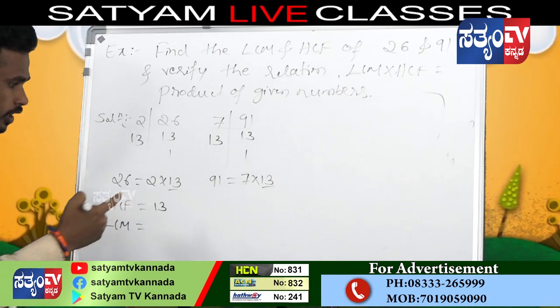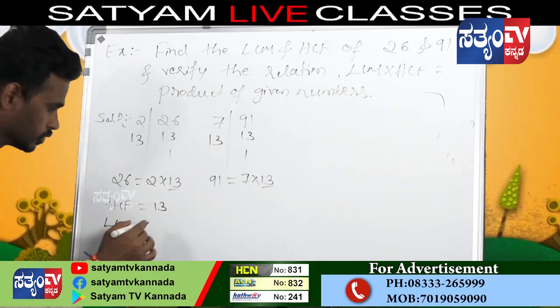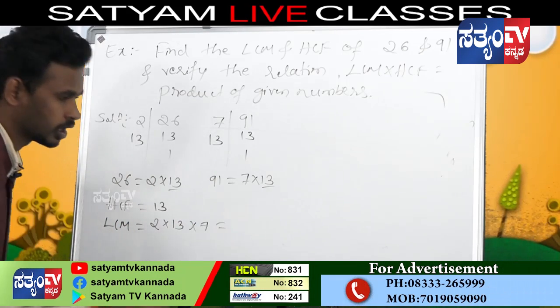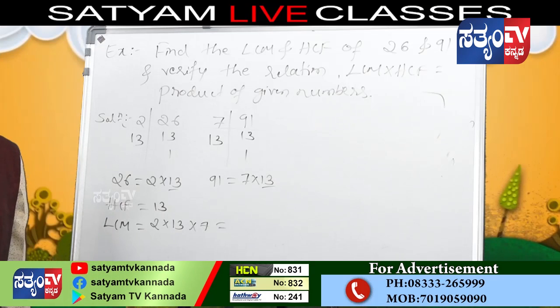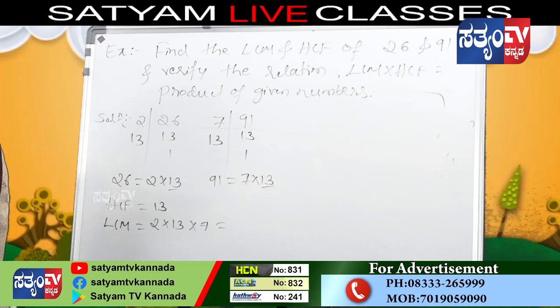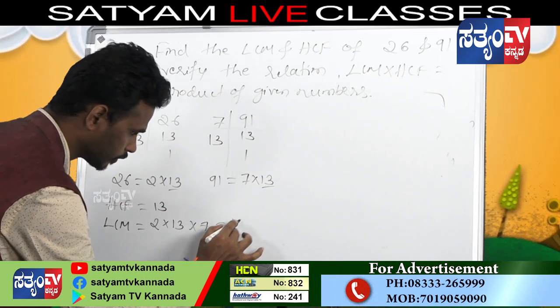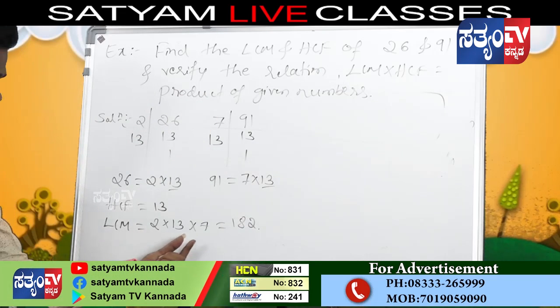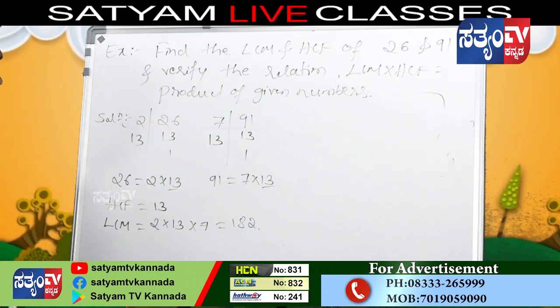What are all their prime factors? Multiply those: 2 into 13 into 7. If you multiply this, you will get 182.